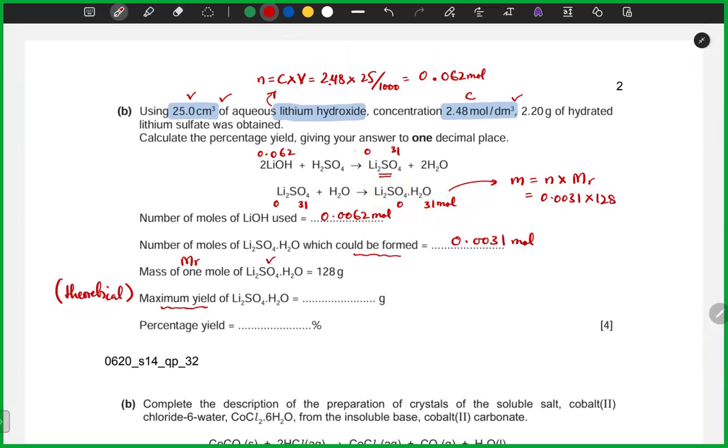This is 0.062, and this will be 0.031. And then this 0.031 will produce... So it's not 0.0031, it's just 0.031. I need to correct this as well. And here I'm going to correct it, it's 0.03 where I added one extra zero.